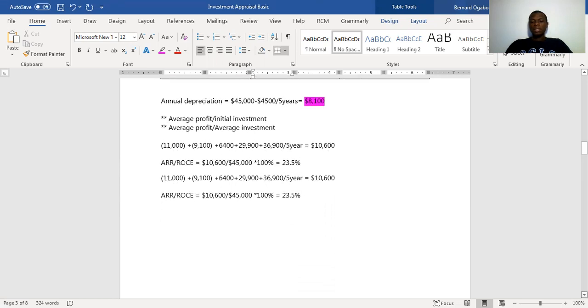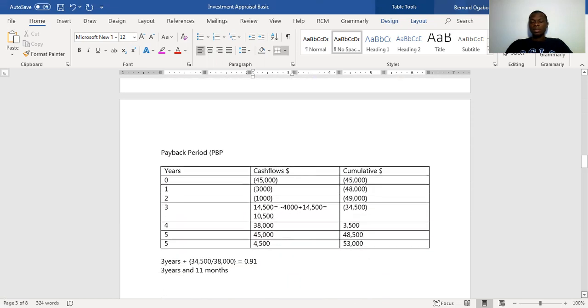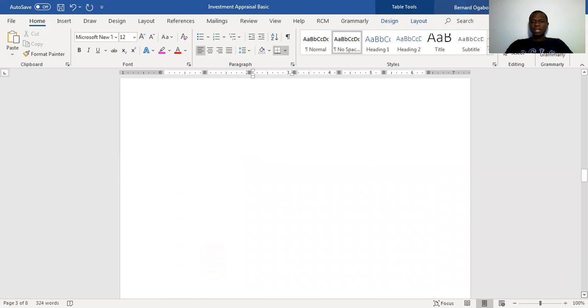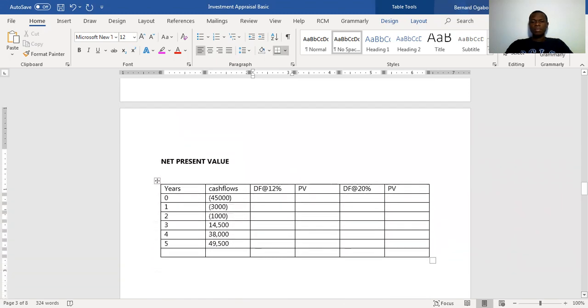But other methods, internal rate of return, net present value, they use discounted cash flow. This method simply says that cash flow today is bigger in value than the cash flow tomorrow.